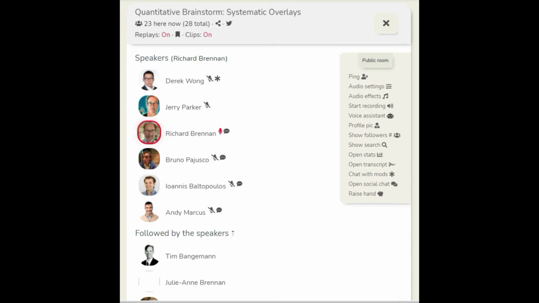I'm wondering whether we should break it into two forms of systematic overlay: that which is a risk management measure versus that which is attempting to improve the performance.